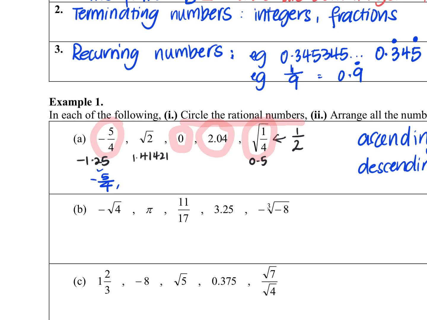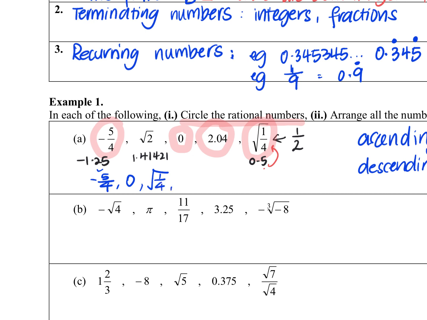The next one is 0, which is not a positive number yet, it's just neutral. So moving on from 0, what is slightly more than 0? The next one slightly more than 0 will be the number 0.5, right? But we do not write the number 0.5, we write the original number, so square root of 1/4.